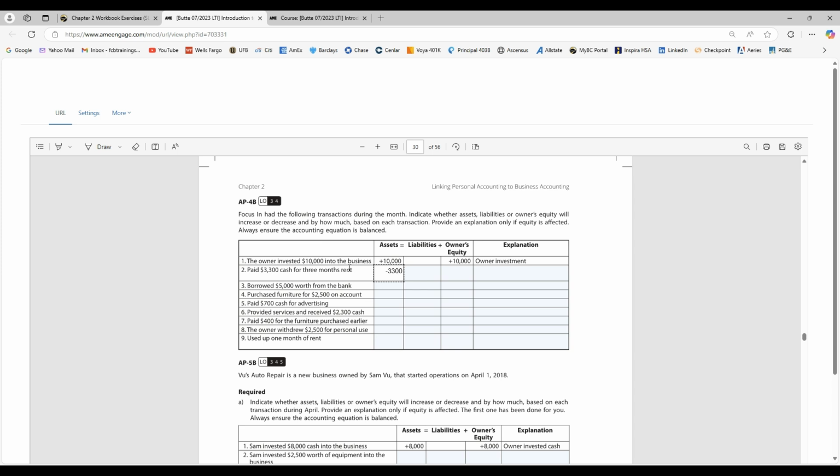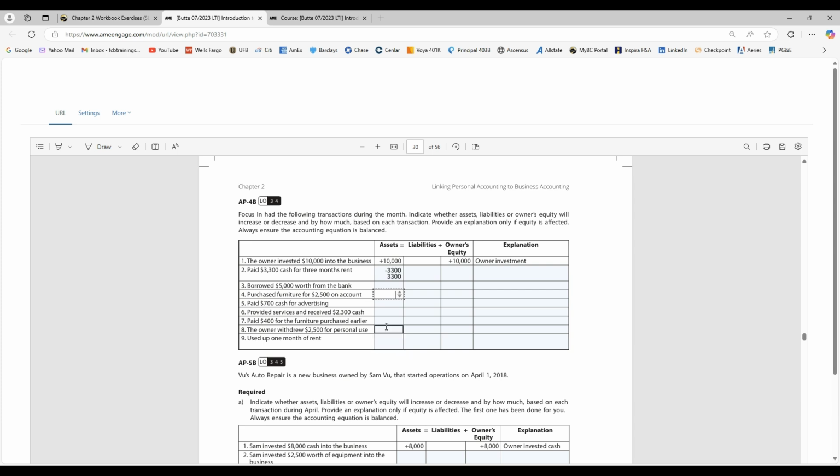But at the outset of a prepayment of rent, that prepaid rent is going to be an asset. So cash goes down and prepaid rent goes up. And remember, prepaid rent is not an expense that would affect owner's equity until the time period elapses that corresponds to it. We'll see that in a later answer.